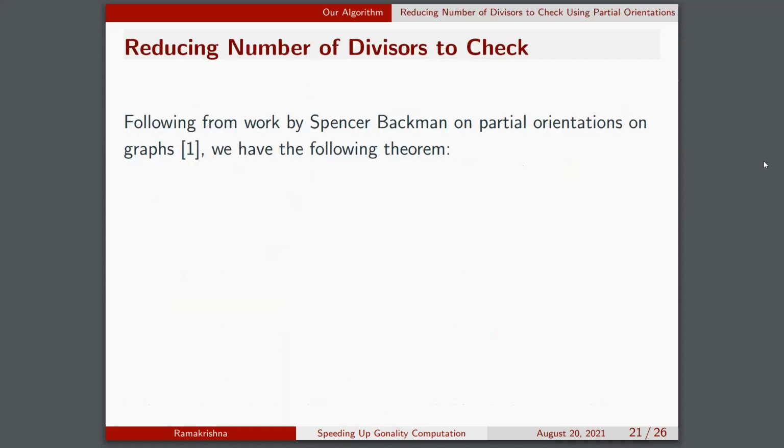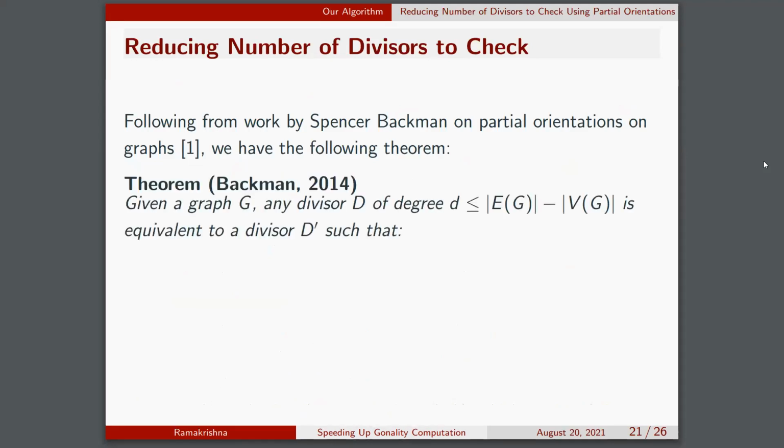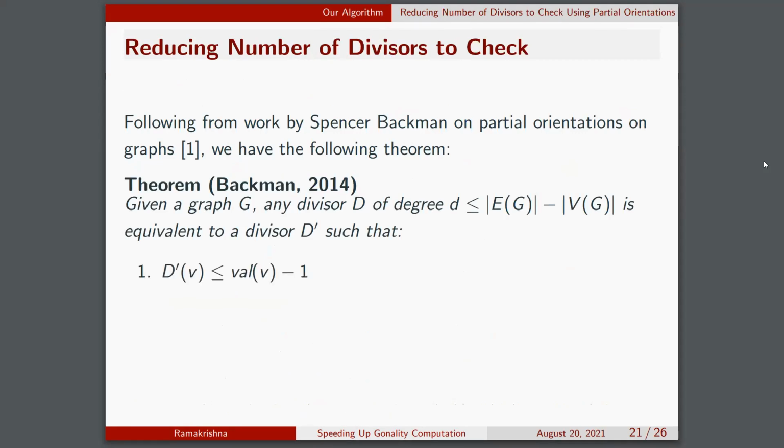Now we want to talk about how we are reducing the number of divisors to check. This follows work by Spencer Backman in 2014 on partial orientations on graphs. And we get the following theorem. Given a graph G, any divisor D of degree less than or equal to the number of edges minus the number of vertices is going to be equivalent to another divisor, D prime, such that the number of chips on each vertex is less than or equal to the valence of that vertex minus 1.